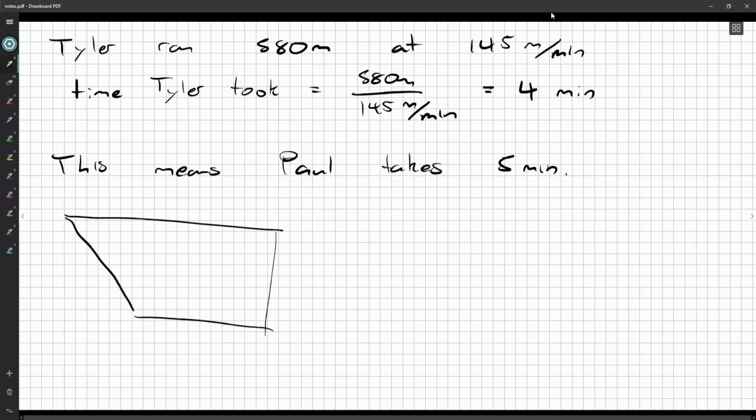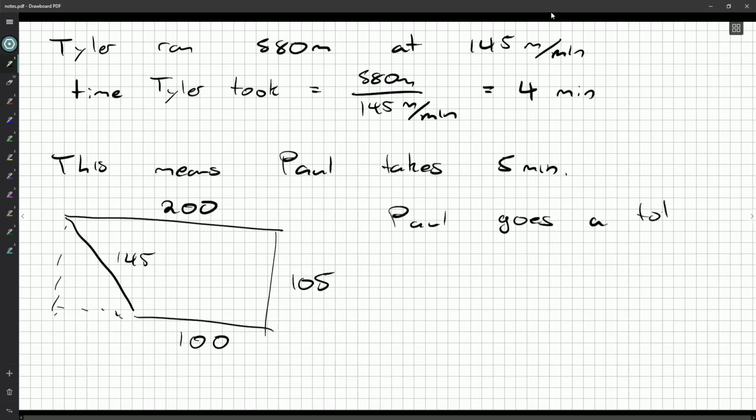And then we've got 100 here, 105 here. I can't remember. It's 200 up on top. What was this? We just had it out. 145. So Paul goes a total distance of 200 plus 105 plus 100 plus 145.